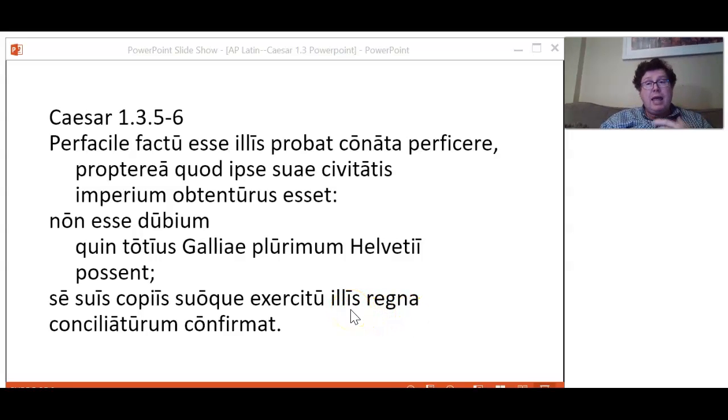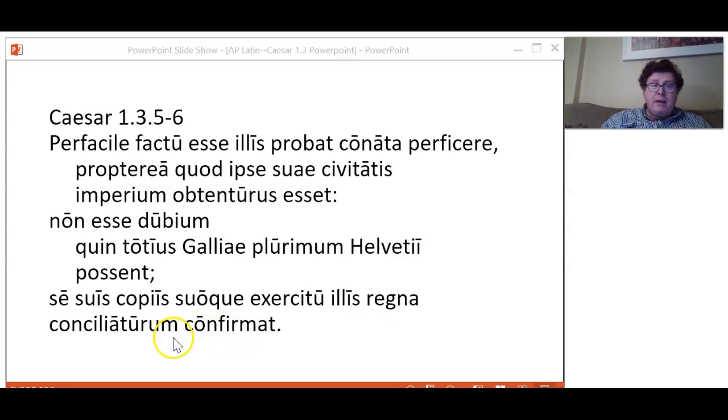In other words, he will help as part of the Helvetii to make sure that the coups that the other two fellows are trying go to plan. So he's going to use his troops, his army, to make sure that those coups d'etat go to plan.